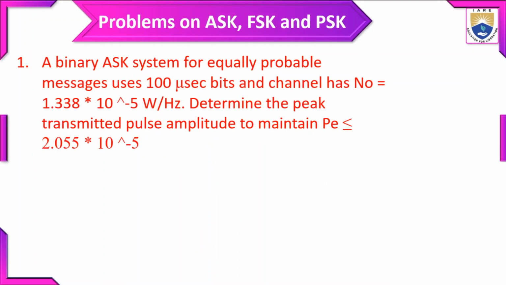So once again go back to what they gave. Here the given time is 100 microseconds, and N naught, the noise spectral density, is 1.338 into 10 power minus 5, and the condition given is that the probability of error must be less than or equal to 2.045 into 10 power minus 5.